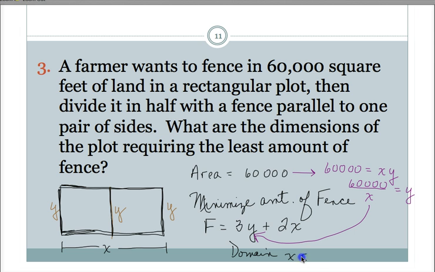Once we make that substitution from the area equation and have everything in terms of x's, we know it has to be bigger than 0. It can't equal 0, because then you don't have a length.